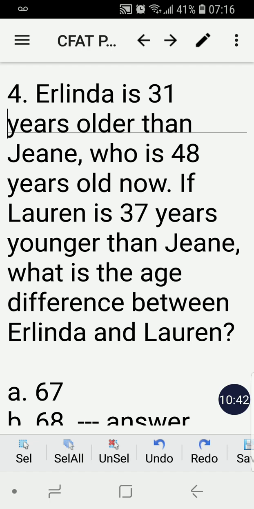If Lauren is 37 years younger than Jean, what is the age difference between Erlinda and Lauren? So we notice here in the problem that Erlinda is the oldest of the three, and Lauren would be the youngest of the three. We're also given that Jean is 48 years old now.